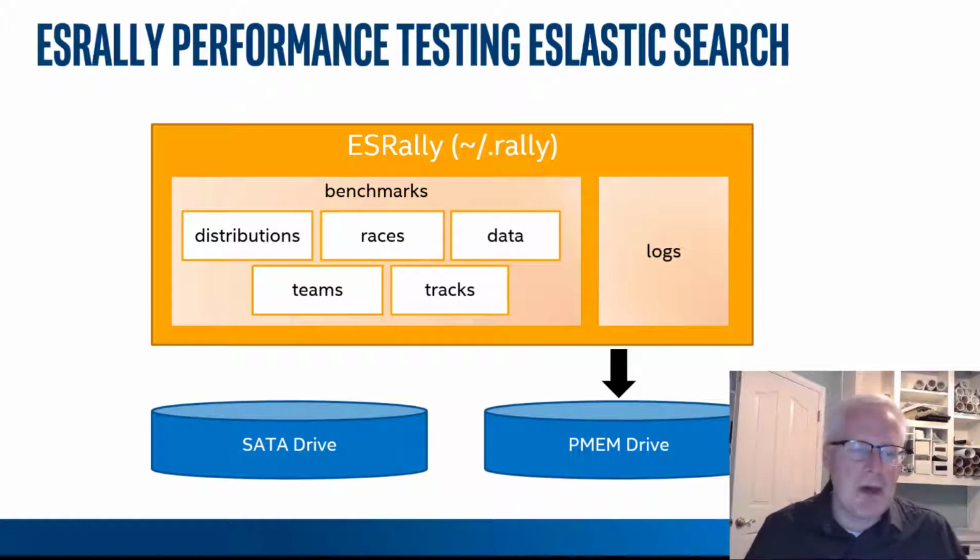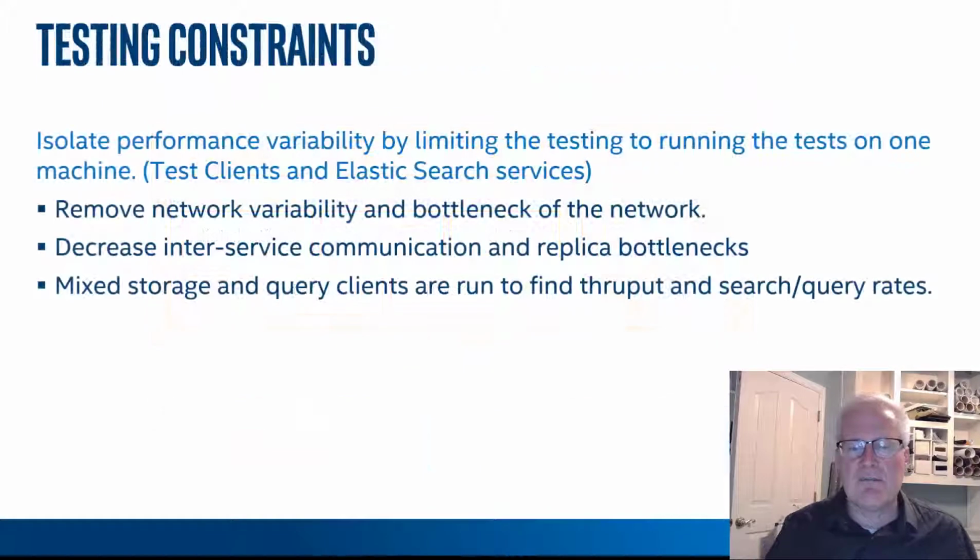In reality, I probably could have divided it up and said that all the race data and the indices could go on different drives, and I might have even gotten better performance. But my goal here was not to test different configurations, but to primarily test what the effects of this ultra-fast drive would be on ElasticSearch compared to a SATA drive. So I got rid of as much variability as I possibly could.